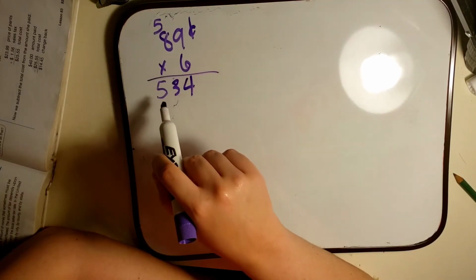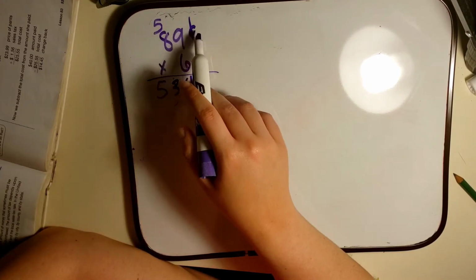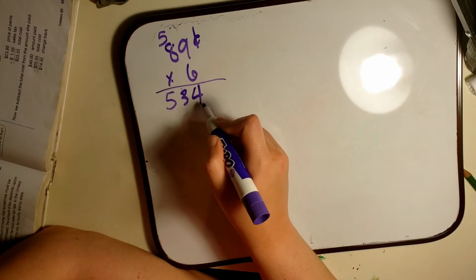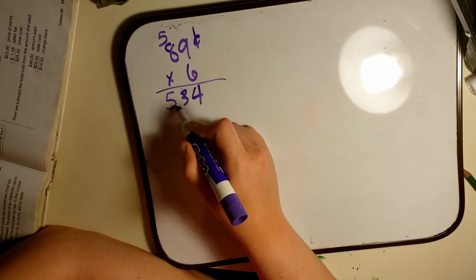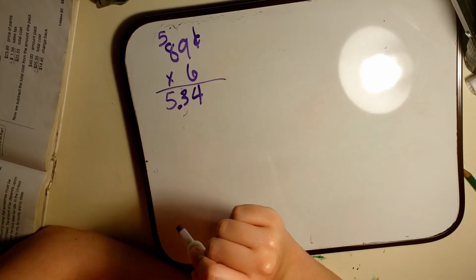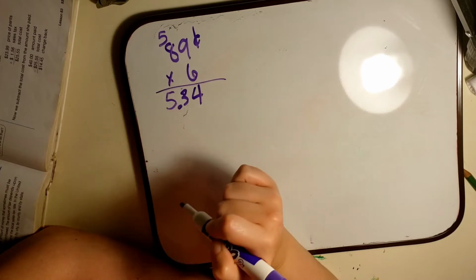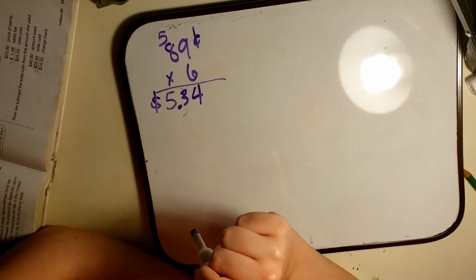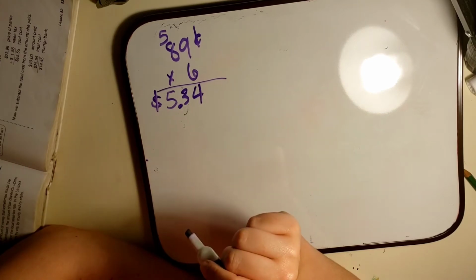So we have 534. But remember, it's cents. And remember, when we have money, we have our hundredths place value, our tenths place value, and that's where our decimal goes right after that. So you have your 2 spots and then the decimal. So that's where you put your decimal. So it's $5.34 is how much he paid for bolts.